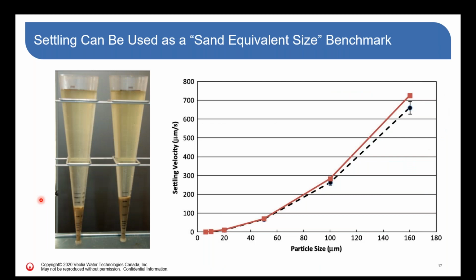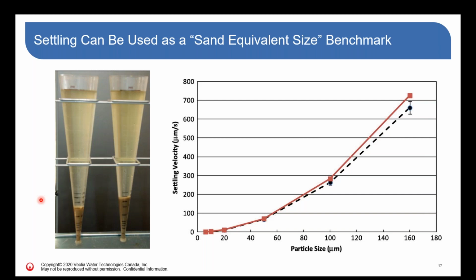So I mentioned that I was going to move on to talk about settling. So you've taken that wet sample, you've wet sieved it, and then the sample that you've collected in each of those sieves, you can settle in an Imhoff cone and measure the settling rate. The finer the particle, the longer it'll take to settle.